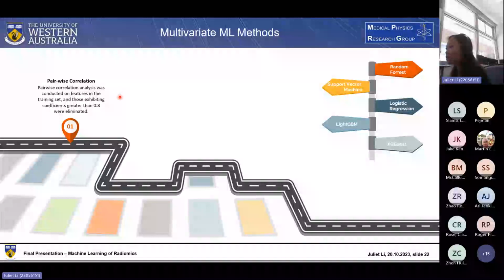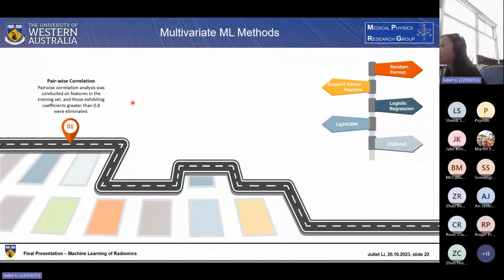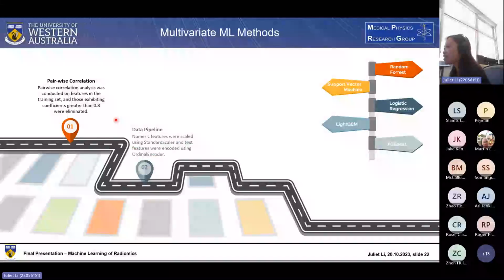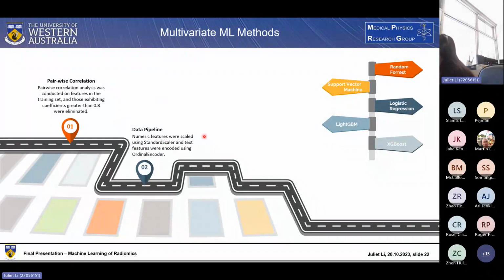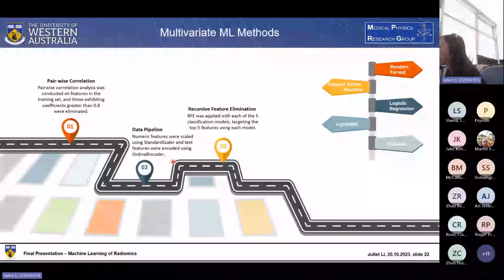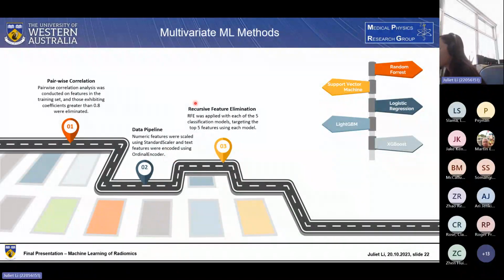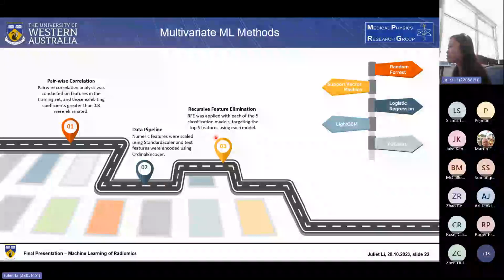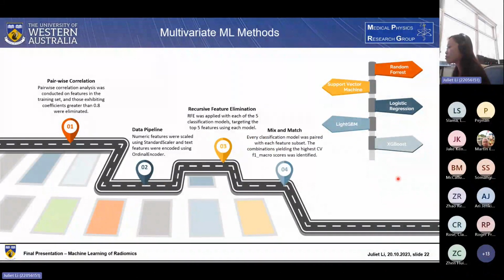We'll first perform a pairwise correlation to eliminate features that are greater than 0.8 correlated with each other. And we'll be using a data pipeline to scale the numeric features and to encode the text features. We use recursive feature elimination with each one of the 5 models to pick 5 top features with each one of the 5 models.